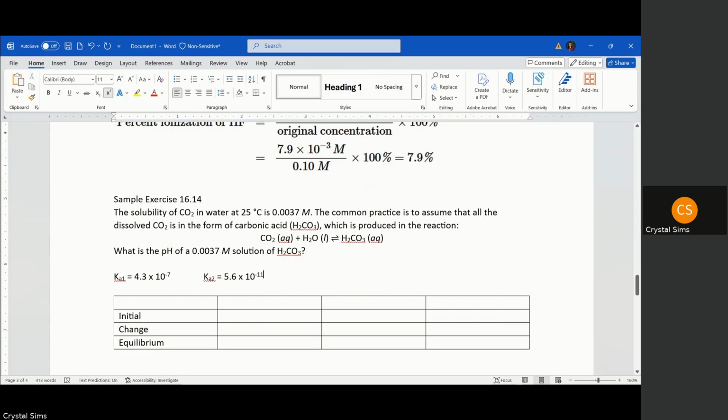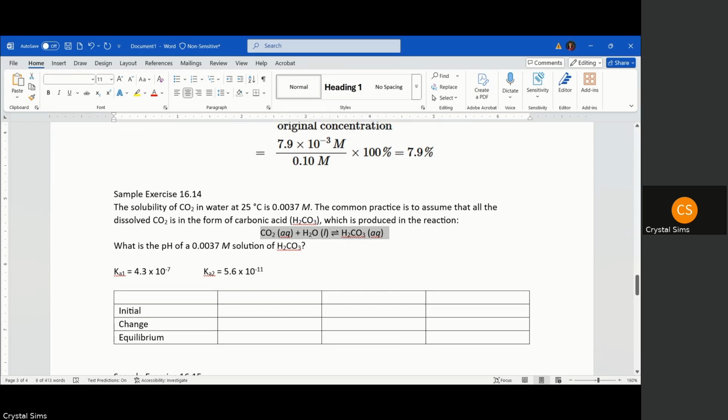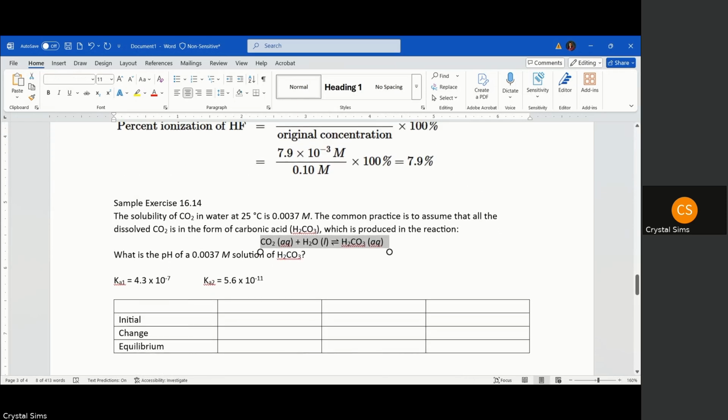This time I've already got one equation given for me, and I have to look at that and say, that's not my dissociation equation. So don't make the mistake of just going right with this. We still have to get our correct equation first, and I haven't put that in here yet.